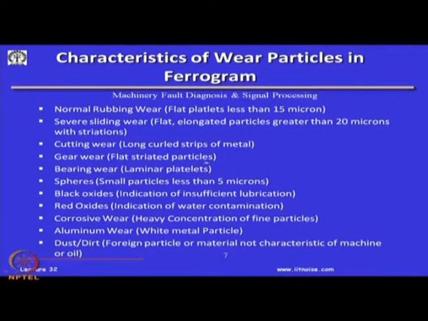Gear wear, flat striated particles. Bearing wear, laminar platelets. Spheres, small particles less than 5 microns. Black oxides indicate insufficient lubrication. Red oxides indicate water contamination. Corrosive wear is because of heavy concentration of fine particles. Aluminum wear, white metal particle. And dust or dirt is foreign particle or material not characteristic of machine or oil.